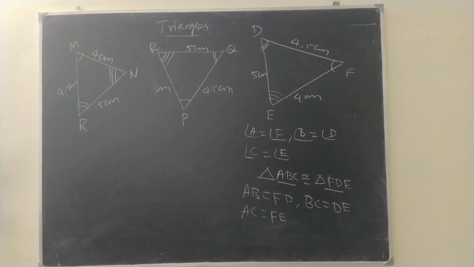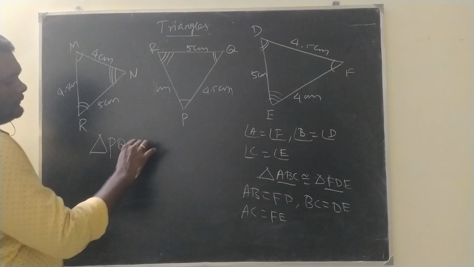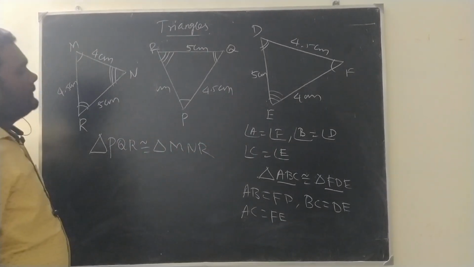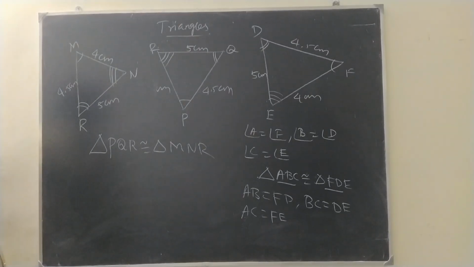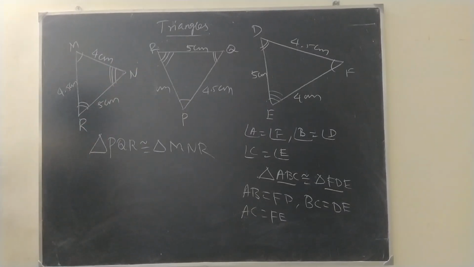Okay, that is okay, but I told you to compare PQR and this. So triangle PQR is congruent to triangle MNR. How? Here R means 2 lines, there R means 3 lines.